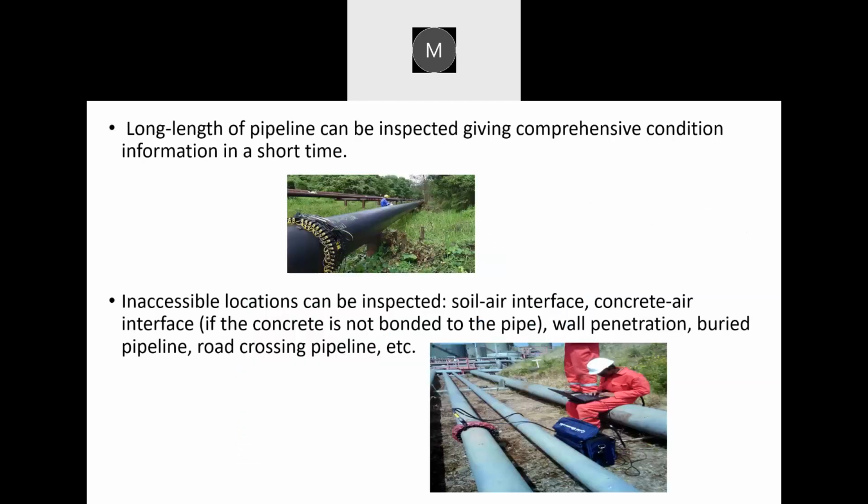Second, a long length of pipeline can be inspected, giving comprehensive condition information in a short time. The third advantage is that inaccessible locations can be inspected, like soil-air interface and concrete-air interface. For example, if the concrete is not bonded to the pipe, wall penetration, fluid pipeline, and road crossing pipeline.